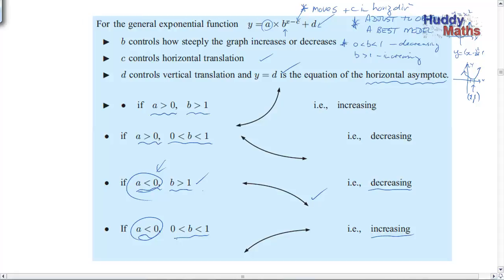Let's take an example of that. Y equals negative 2 times 3 to the x. So as that gets bigger, this gets bigger, but this makes it more and more negative. So it's going to go down, so it's decreasing, even though b is greater than 1, if you put a number in front there.